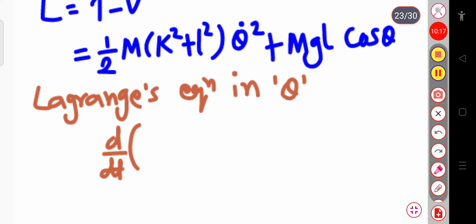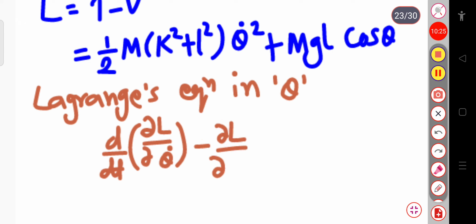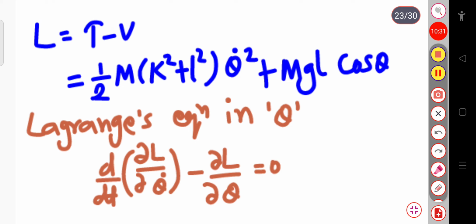So this will be d by dt of dou L by dou theta dot minus dou L by dou theta, that is equal to 0. Now in this expression, we will first calculate dou L by dou theta, then we will calculate dou L by dou theta dot. Let us first calculate dou L by dou theta.